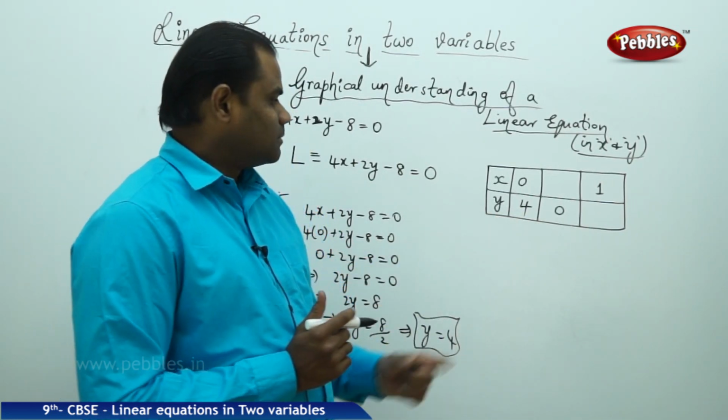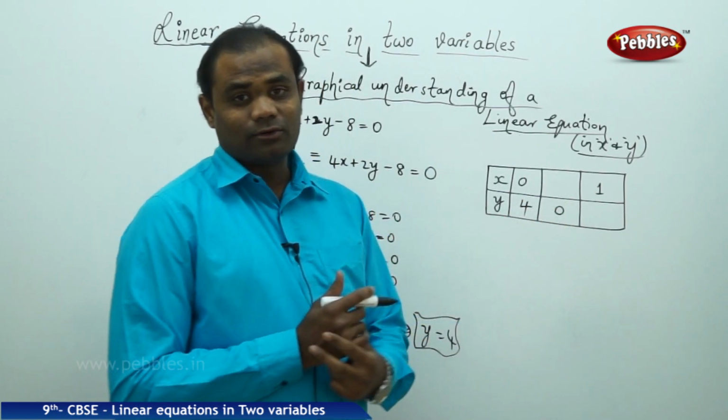Therefore, when x is 0, I have my y, which is 4, which gets filled in this box. Similarly, when y is 0, what will be the value of x?